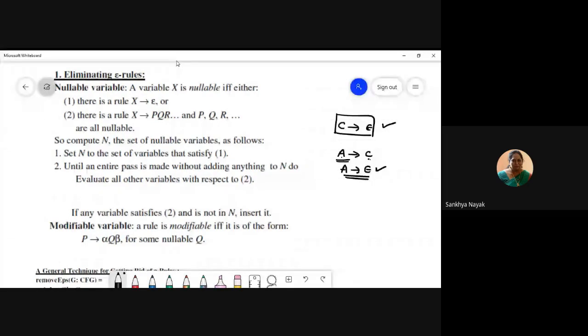So actually, even though it's not obvious, A is also nullable. So I have to remove any rule which is nullable, okay, by modifying it. For example, let me take one more example here.